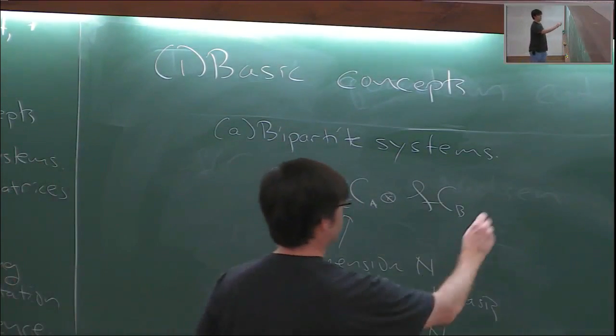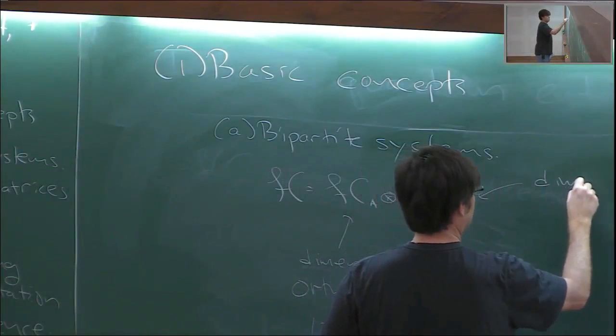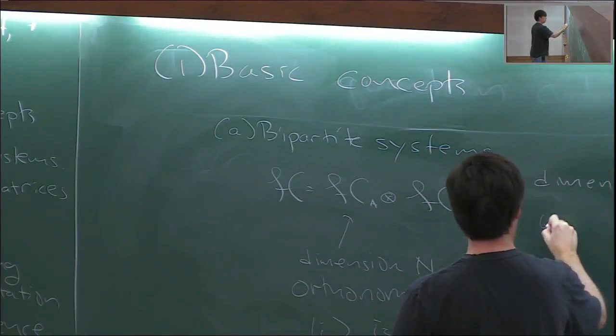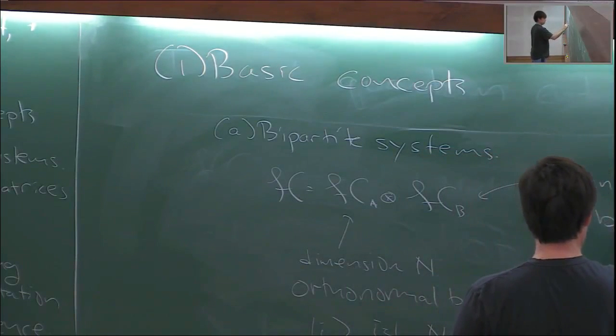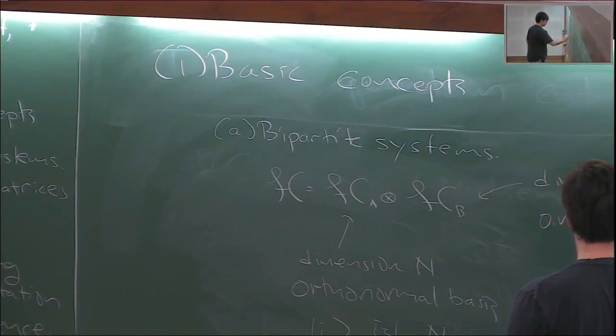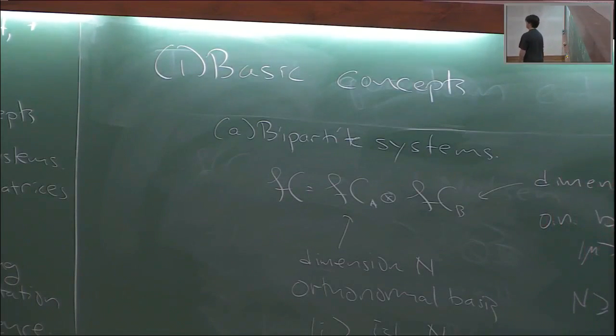And this will have dimension m with an orthonormal basis mu, where mu goes from 1 to m. And I will assume without any loss of generality that n is bigger than m, because it doesn't really matter which order I take the tensor product in. So this is just to fix some notation.